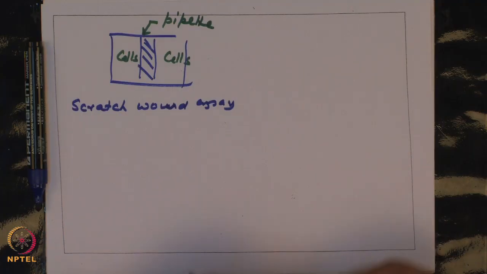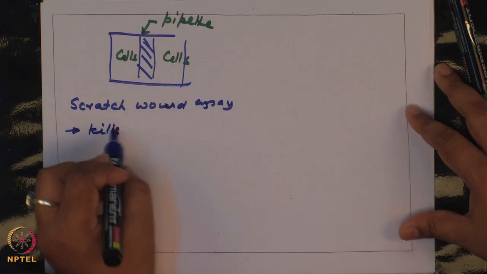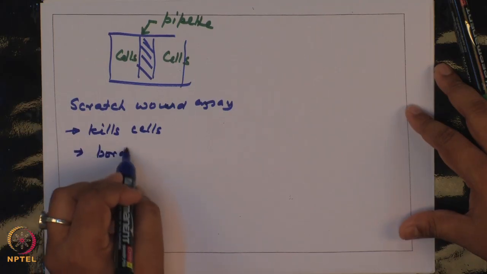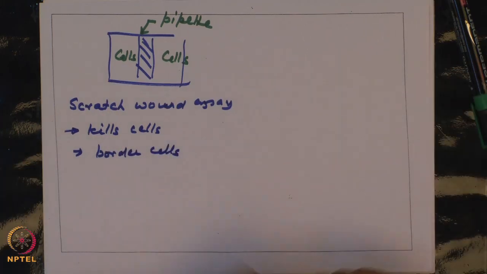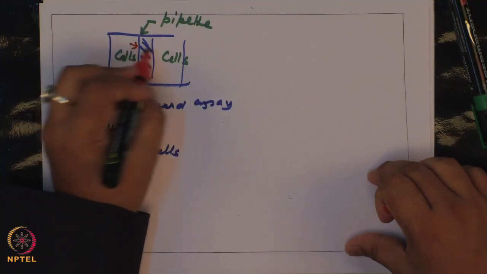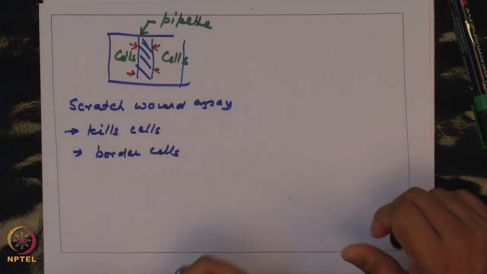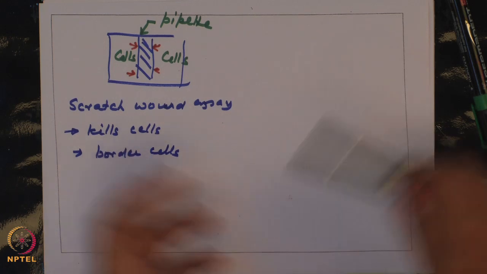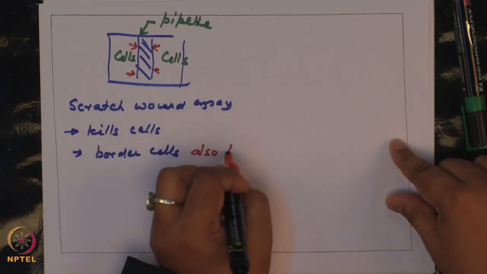It of course kills cells, but many of the border cells are also disrupted. So, which are the border cells? The border cells are those in contact with the edge that you have created by scratching the surface. Many of the border cells also tend to die.